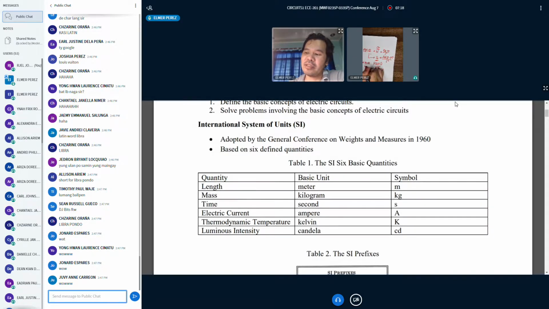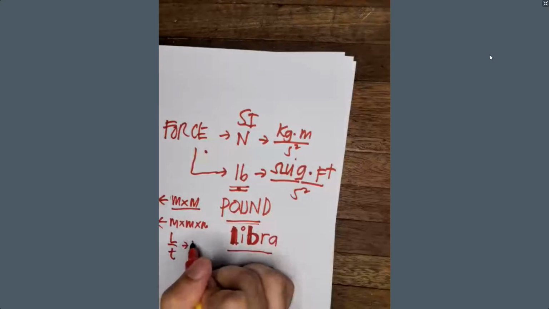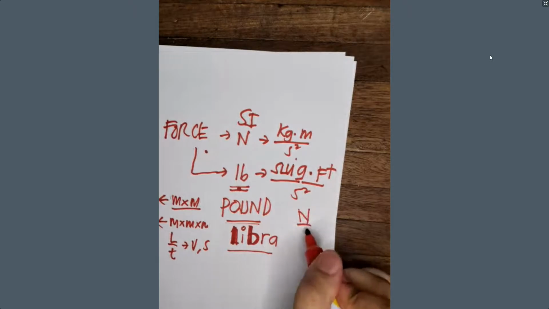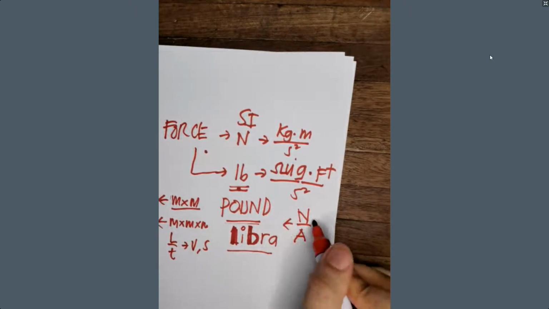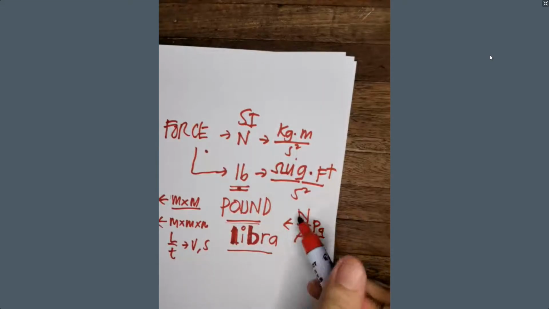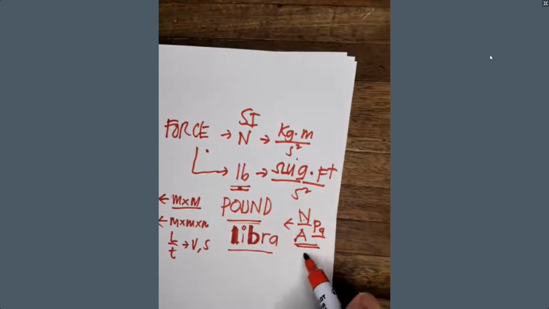Kung meter times meter times meter, meron kang volume. Kung meron kang length over time, meron kang velocity o kaya speed. Kung meron ka namang Newton at area, meron kang Pascal.